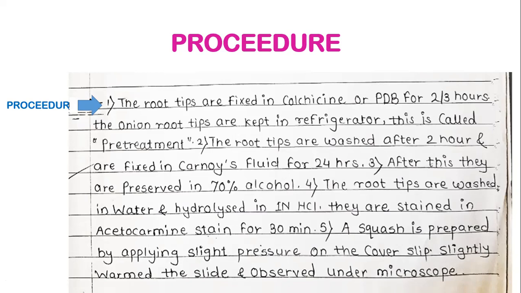Please remember, when you are placing the root tip, which is washed in water after hydrolysis, you should put a blotting paper under the slide. So blotting paper on your table, on that a clean slide. Then the root tip, which is washed in water after hydrolysis, is placed in the center of the slide.